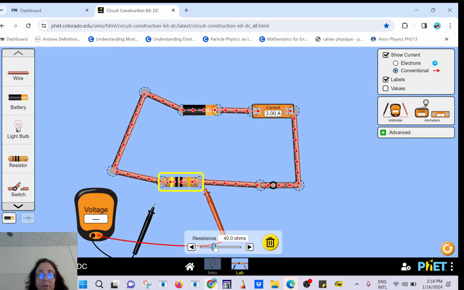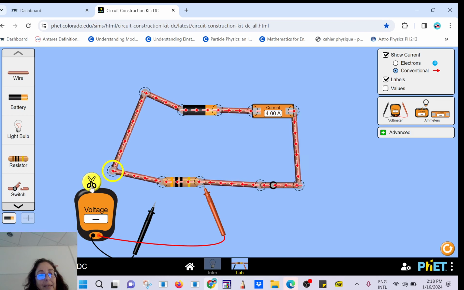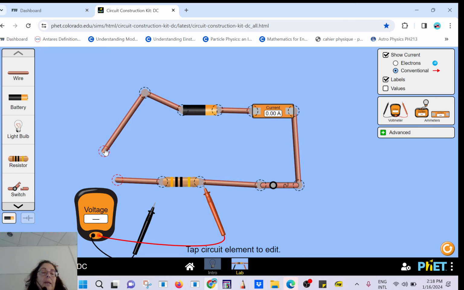So let's go back to before. I had 30 here, and I had 10. Do I need to have a resistor? So resistors are special components that we use to control the current flowing.